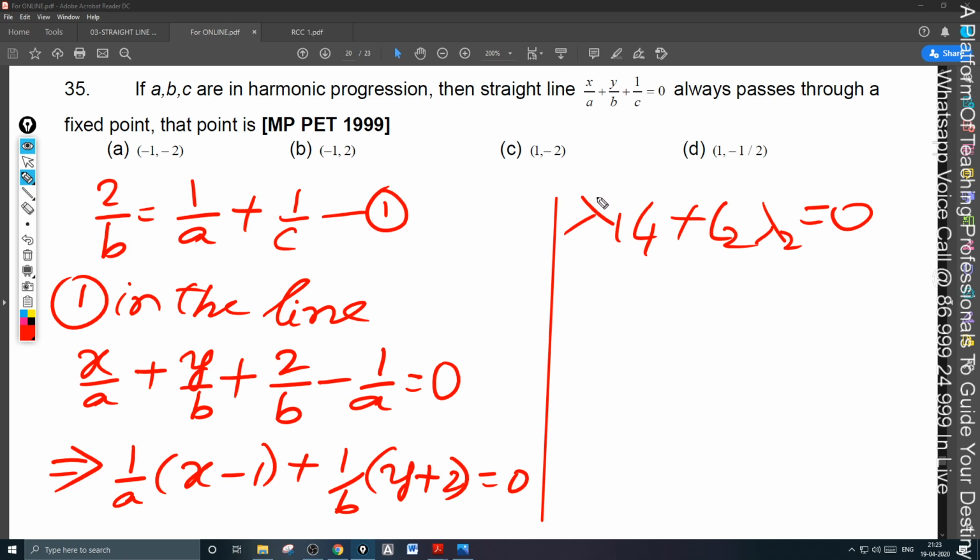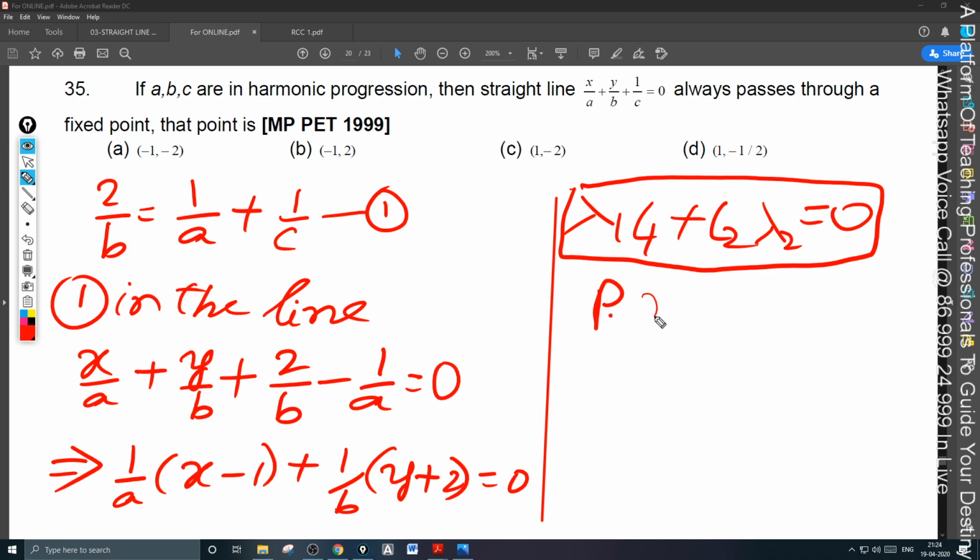That is a family of lines. Now it is a family of lines, then the common point of intersection for all of these is got by solving these two: x minus 1 equal to 0, y plus 2 equal to 0. It is nothing but 1 comma minus 2. 1 comma minus 2 is the answer.